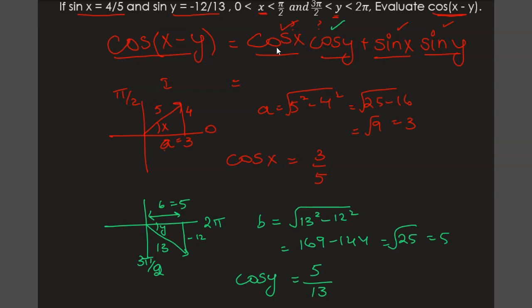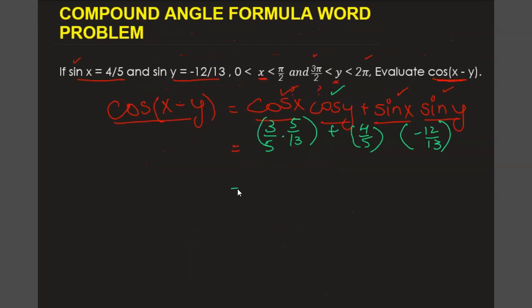All we have to do is substitute all the values and solve for cosine x minus y. So cosine x we have is 3 over 5. Cosine y we've got is 5 over 13. Plus sine x is 4 over 5. Sine y is negative 12 over 13. Now when we solve this, the 5 gets cancelled out.